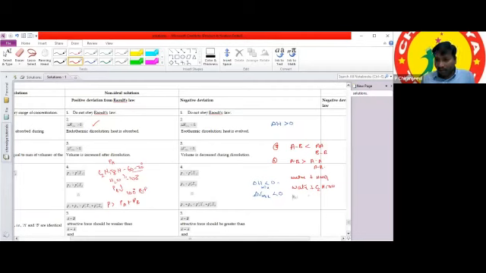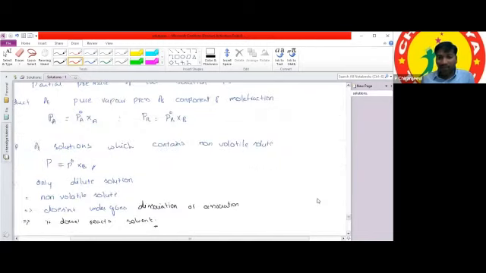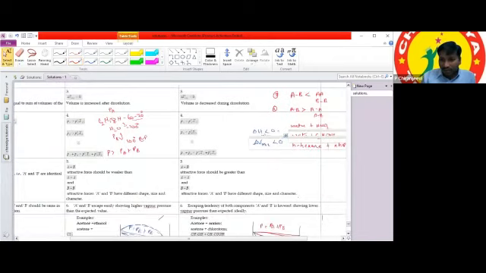N-hexane plus N-heptane. Is it an example of ideal solution, positive deviation non-ideal solution, or negative deviation non-ideal solution?